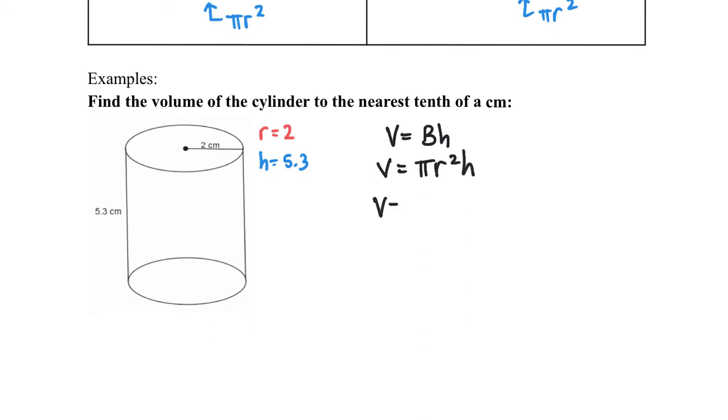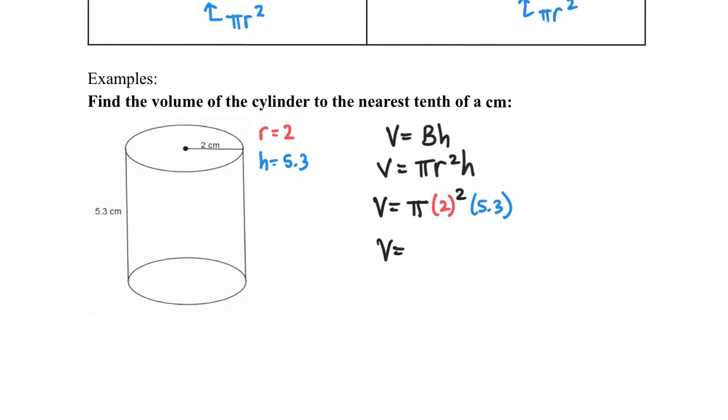Let me plug in what I know. Pi, my r is 2, and my h is 5.3. Now I'm going to go to the calculator. Your calculator has the pi symbol, so I would type this in exactly as you see it. And let's note that they asked us to round to the nearest tenth of a centimeter.